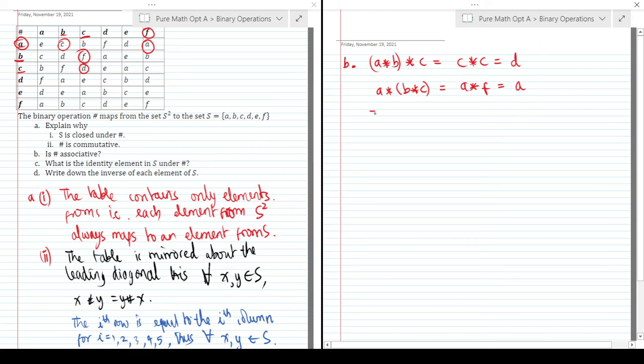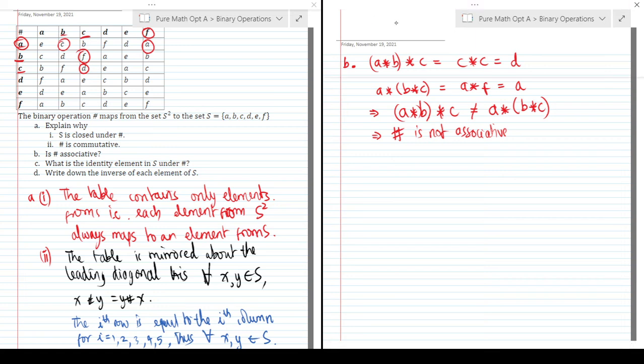So what I could go on now to say is this means that A star B first, and then the result of that star C, is not the same thing as A star the result of B star C. I'm putting star, but it's really hashtag I should be putting there. I've been putting star because star is the usual symbol we meet.